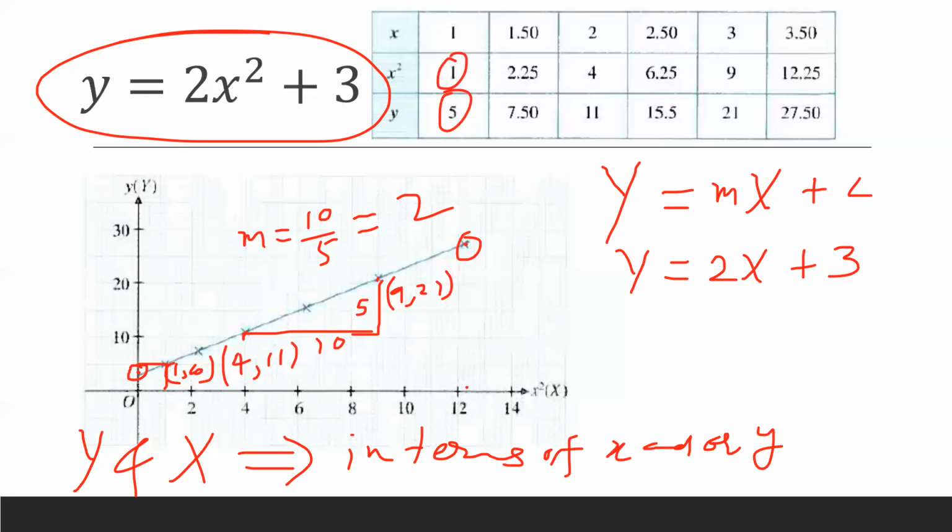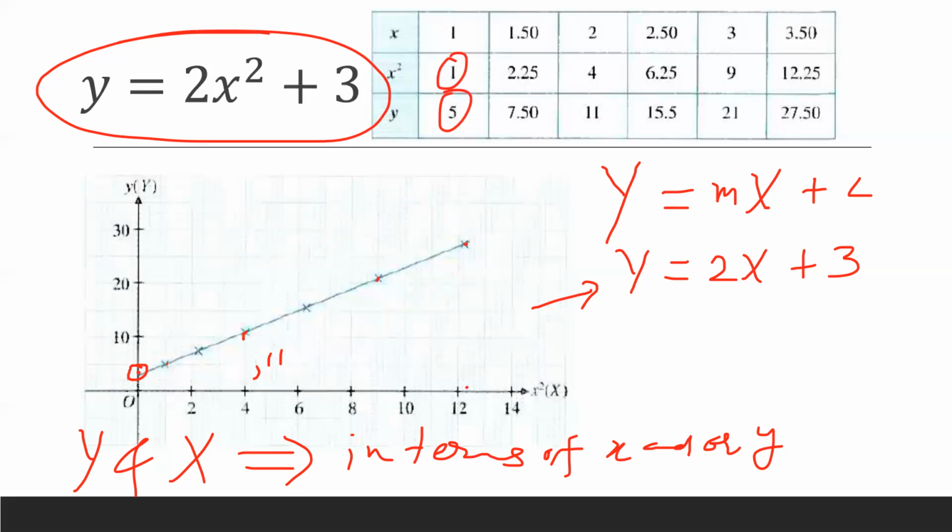But from this straight line, how do we get the equation of the original line, the original graph? In this case, we have to remember that we had drawn the graph of y against x square.